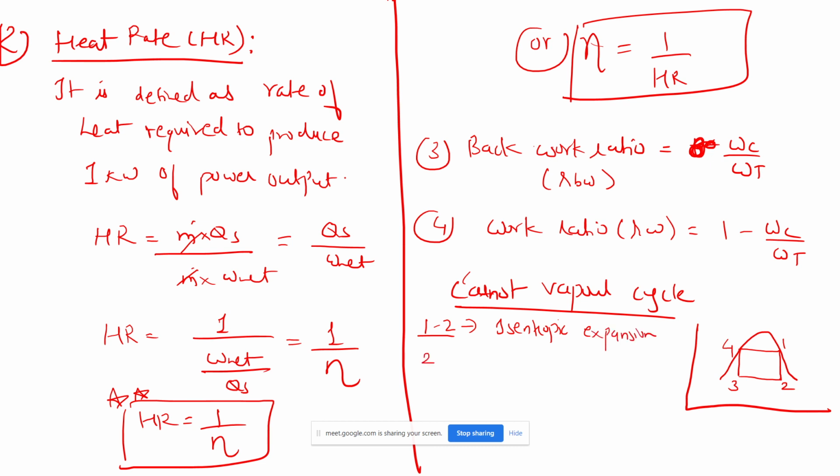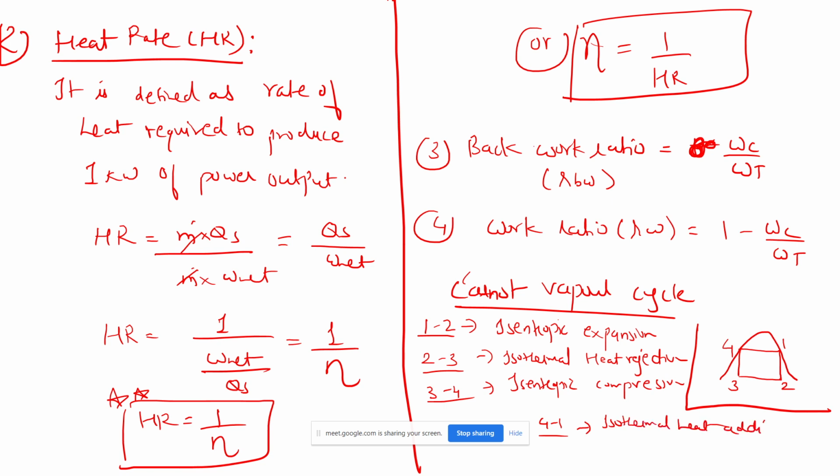From 2 to 3, it is isothermal heat rejection. From 3 to 4, it is isentropic compression. And from 4 to 1, isothermal heat addition.